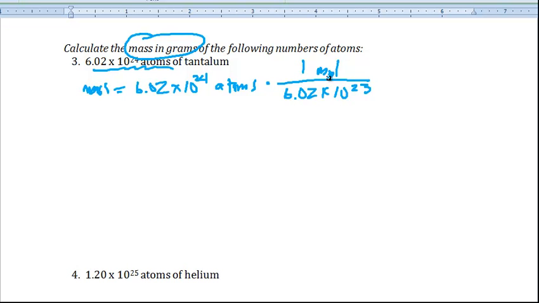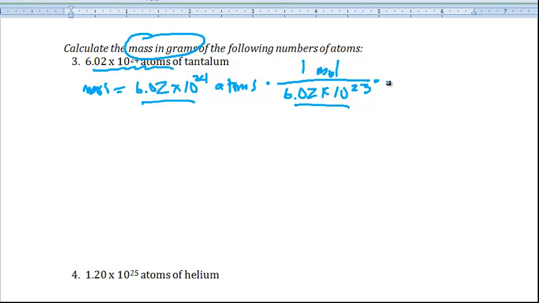Now, I'm going to use the mol abbreviation. If you look at these numbers, you can see that the number of atoms that we're given is exactly 10 times as large as Avogadro's number. So how many moles do we have? We have 10 moles of tantalum.